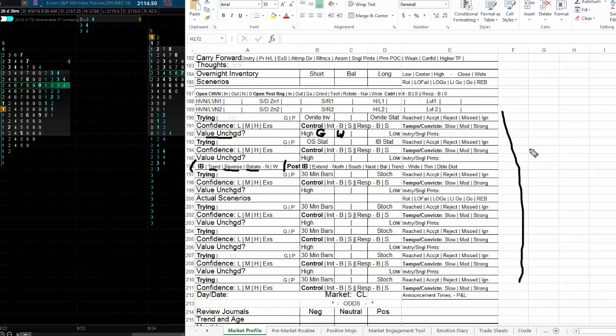And is the Gaussian shape very thin, or is it becoming very wide? Or is it a double distribution? You can have some up here, and then market comes down, and then you have another distribution like that. I think that's pretty much everything on here.